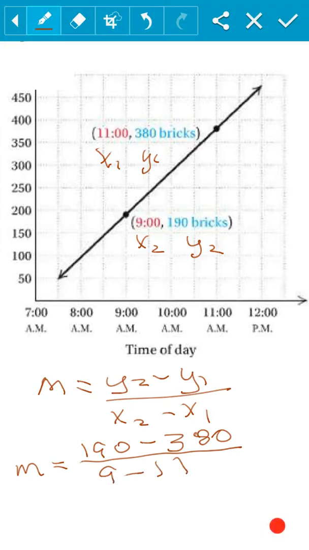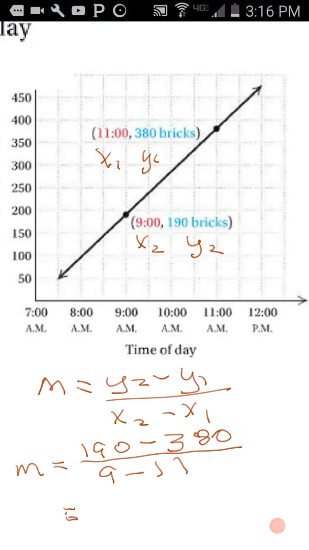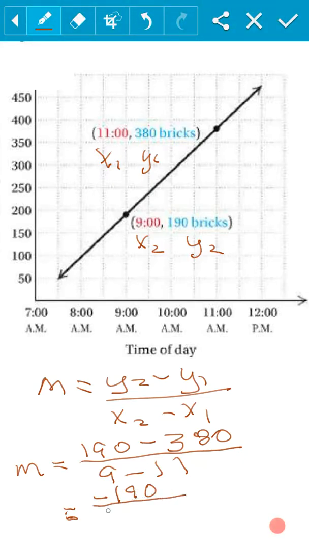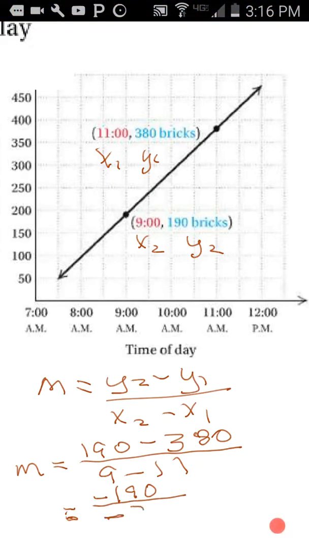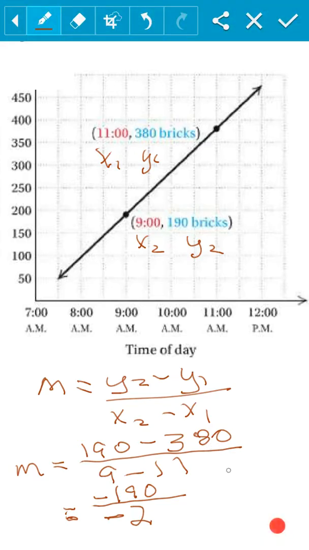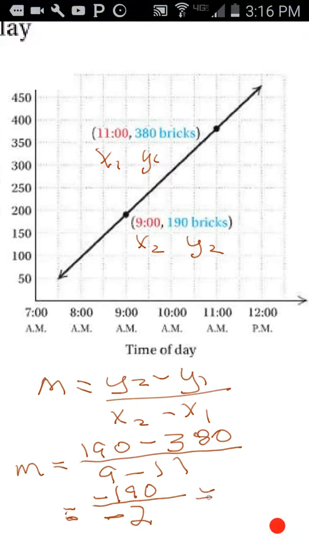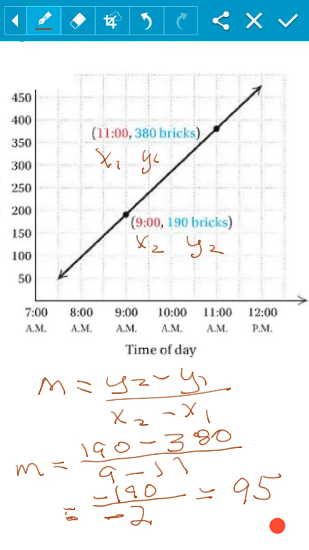So 190 minus 380, well, let's do it the other way. 380 minus 190 is 190, and it's going to be a negative number because we're subtracting a larger number from a smaller number. So negative 190 over negative 2, and so that would be positive 95. So the rate of change is 95 bricks per hour.